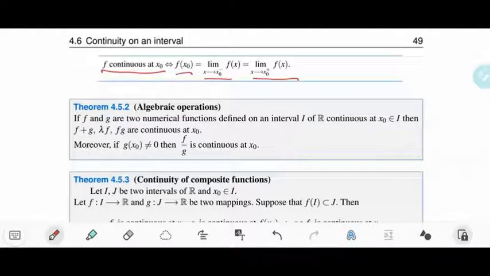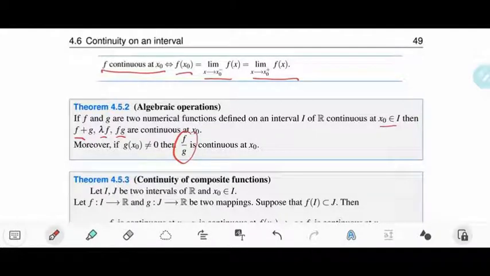And now, of course, since we have the properties that we proved with the limits, if you have f and g, two numerical functions defined on an interval and continuous at x0, then f plus g, lambda f, and f times g are all continuous at x0, and also f over g if g of x0 is not equal to 0.